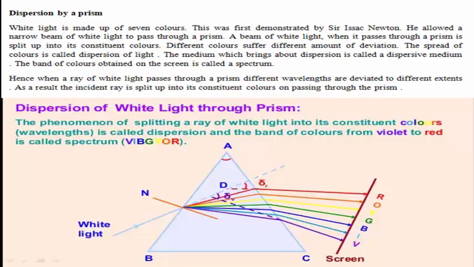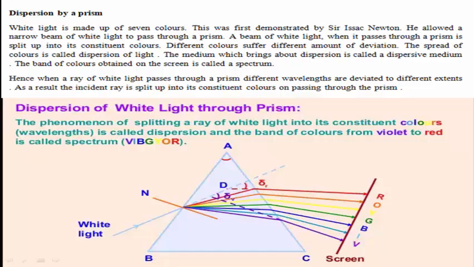A beam of white light, when it passes through a prism, is split up into its constituent colors. Different colors suffer different amount of deviation. The spread of colors is called dispersion of light.